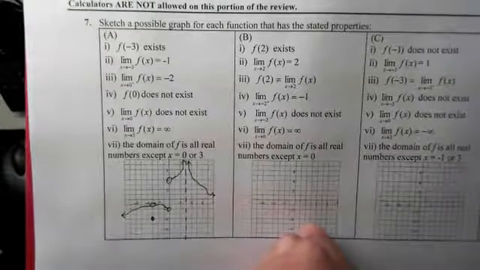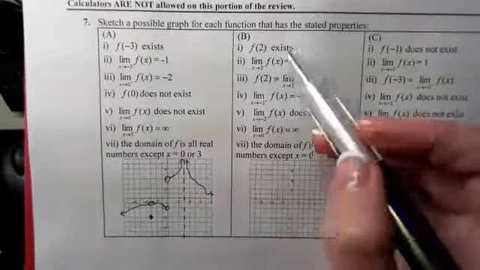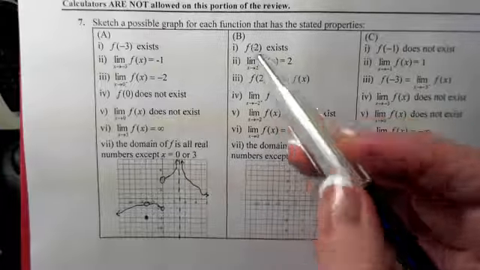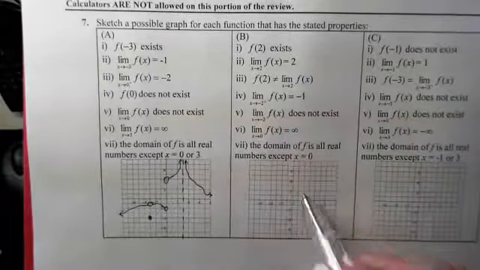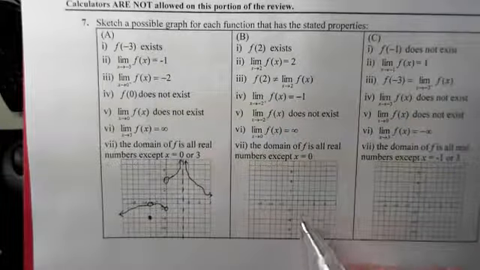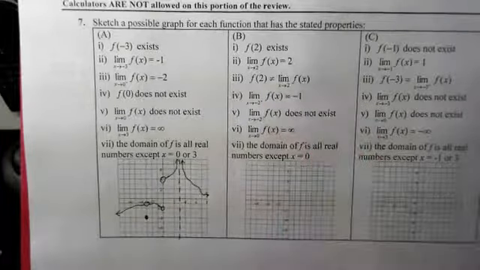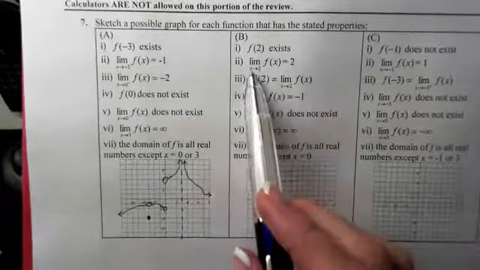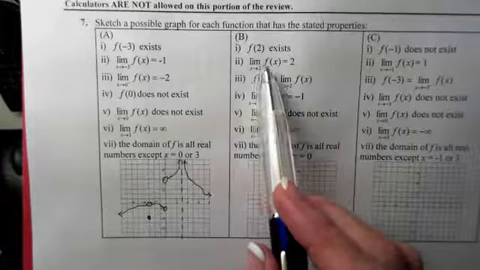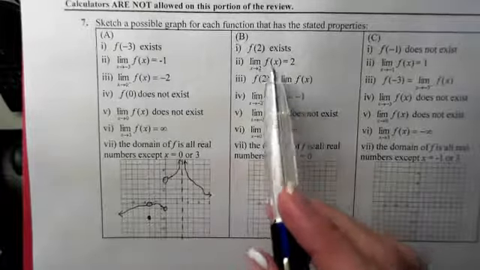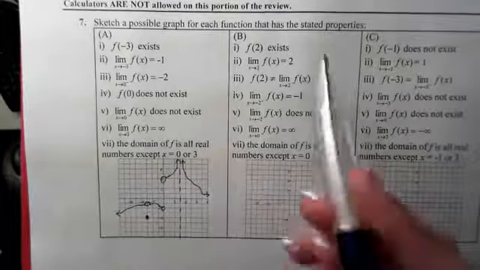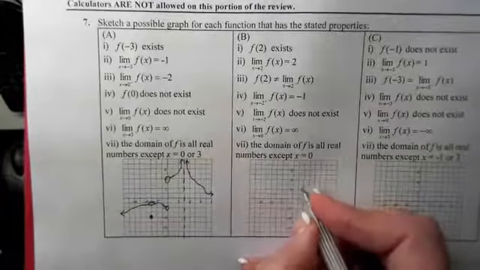Let's look at B now. On B we have that same thing. F of 2 exists. So I'm going to look to see if your graph crosses this x equals 2 line. As long as it does, you would get that point. The next thing I look for is the limit as I'm approaching 2 on f of x is 2. That means buried in the problem I have the point 2, 2.